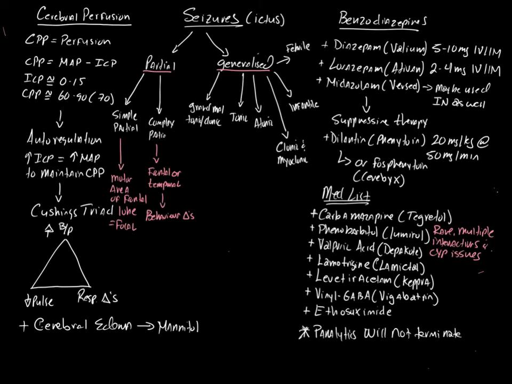So if you had to guess, what do you think the body might do to compensate for elevated intracranial pressure? Increase the mean arterial pressure. How do we increase the mean arterial pressure? We have to increase the blood pressure, right? So in patients that have cerebral edema, their blood pressure is often going to be elevated, right?